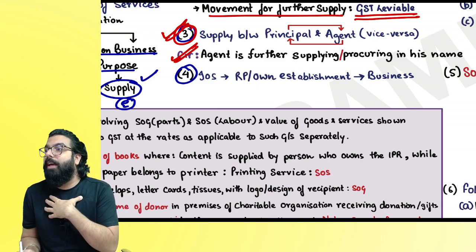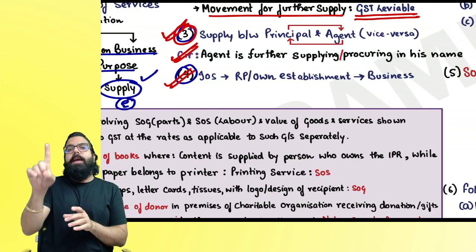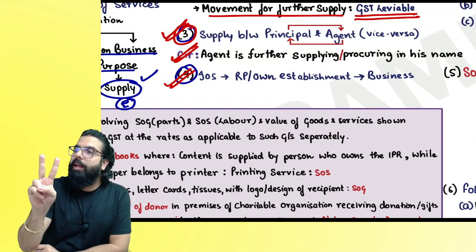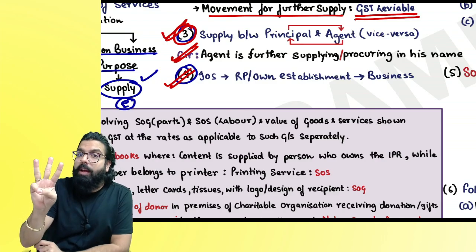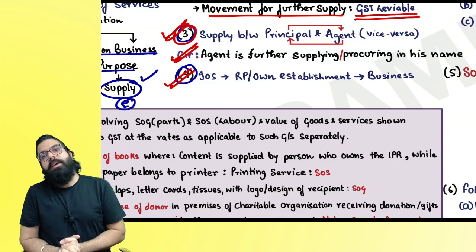The last one over here is the fourth paragraph: importation of service from a related person or own establishment for your business and without consideration is always considered as supply.